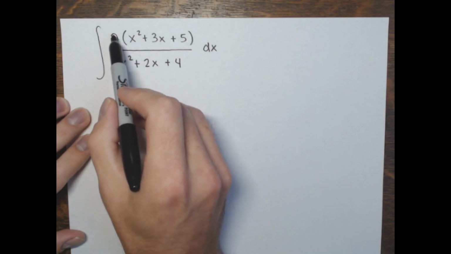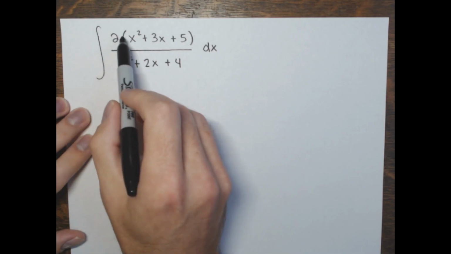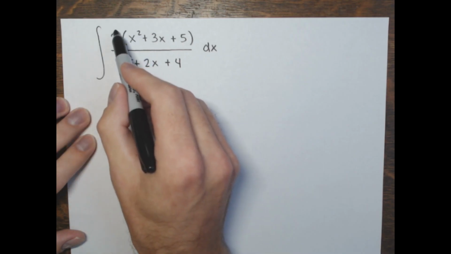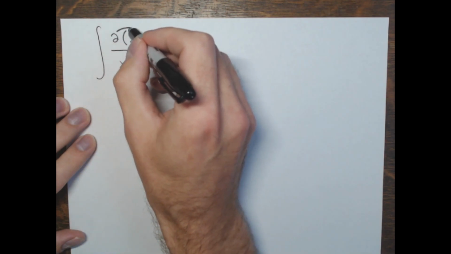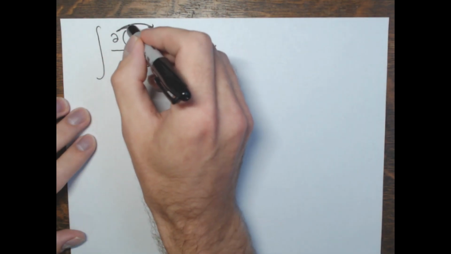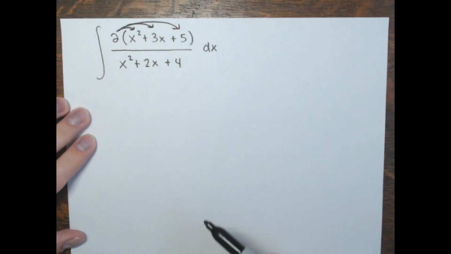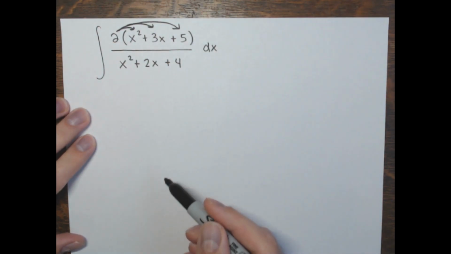So I'm going to do this. You could pull the 2 out now if you want, right? It's a constant multiple. I'm just going to do this, all right? Can't hurt to do either one. Maybe what I'm doing will take longer, but whatever, it'll still work out.